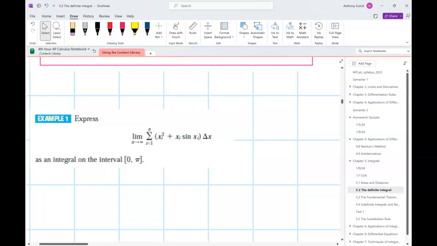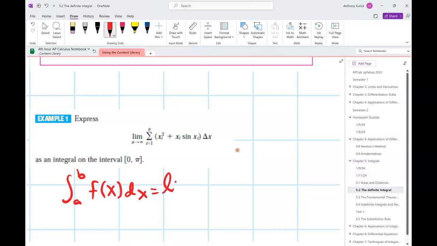So, first example problem. This is an infinite sum of rectangles. It wants us to rewrite this as an integral. So, remember here that we have the integral from a to b of f of x dx equals the limit as n approaches infinity of the sum from i equals 1 to n of f of xi delta x.